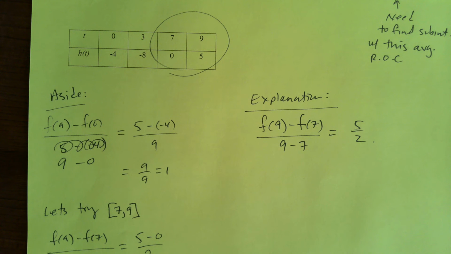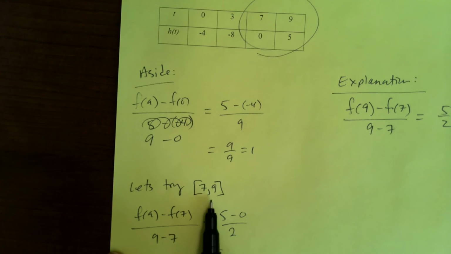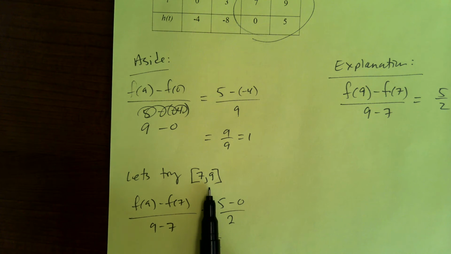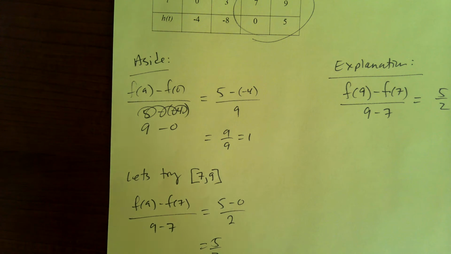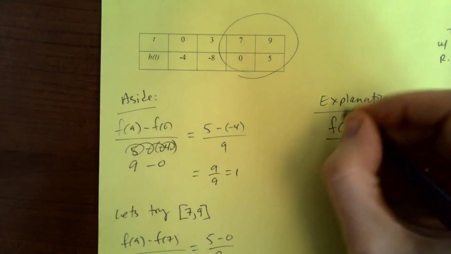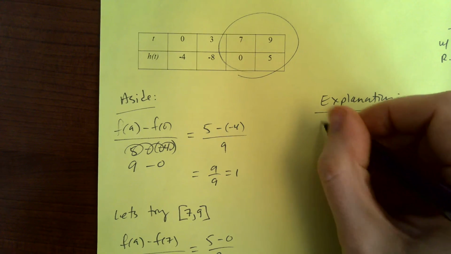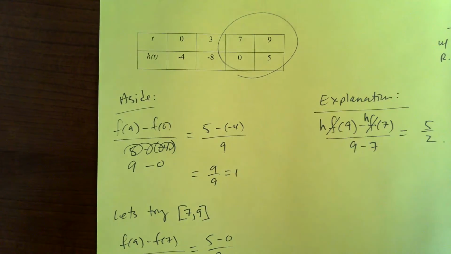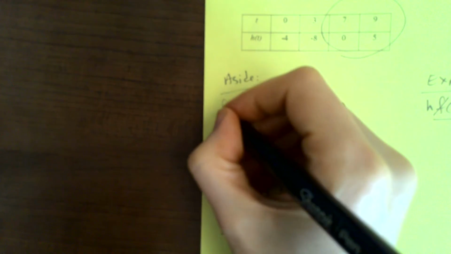Now, in order to use the mean value theorem on this subinterval, I need to establish two things about it. That h is, oh my gosh, I keep using f. I'm so sorry. Oh, guys.